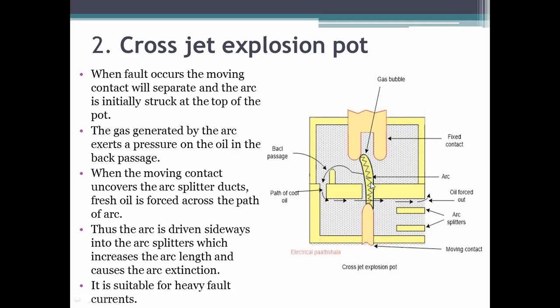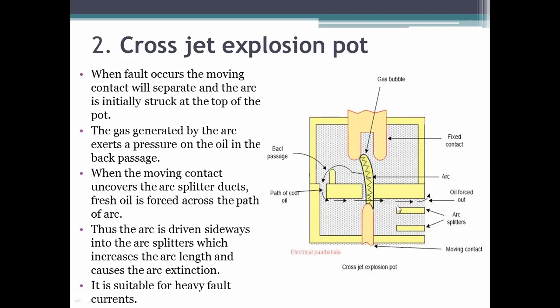When the arc is struck, that arc is at the top of the pot, and the gas generated by the arc exerts pressure on the oil in the back passage. You can see there are two parts, one cross section is there.